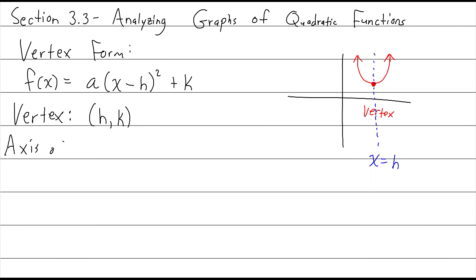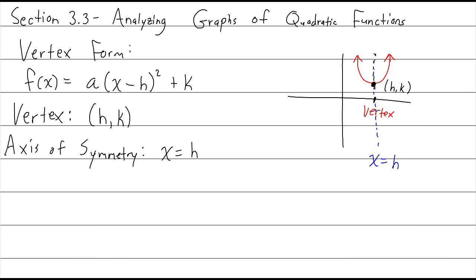Let me talk more about where the h is coming from here. X equals h. Again, this is a vertical line that passes through the vertex. Well, the x value is the same throughout the entire vertical line. And what is the x value? It's h, right? Because that's the point here. This is h comma k, right?